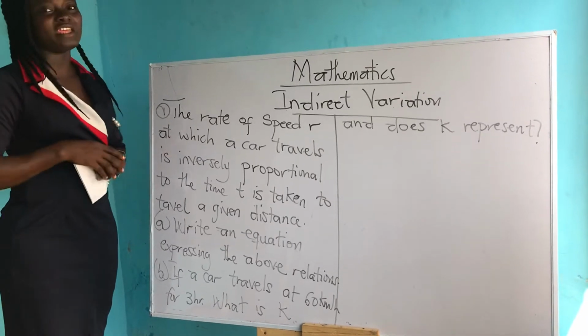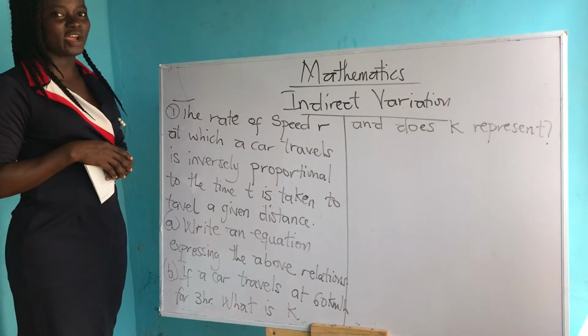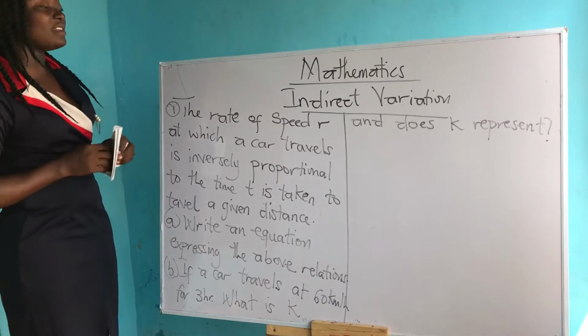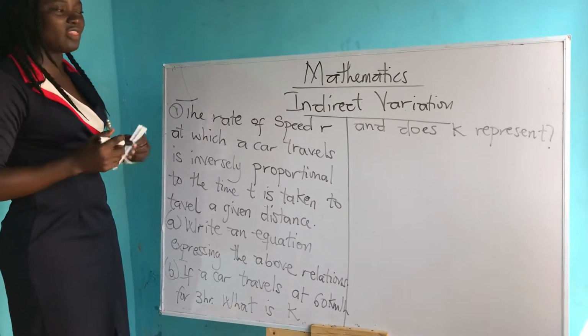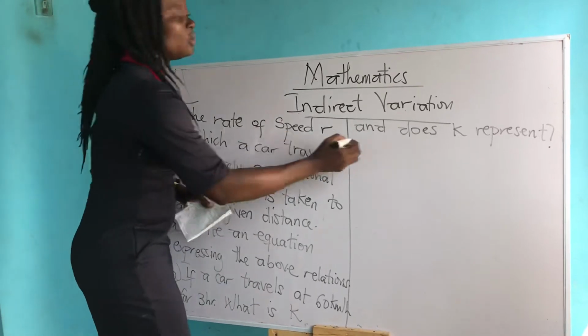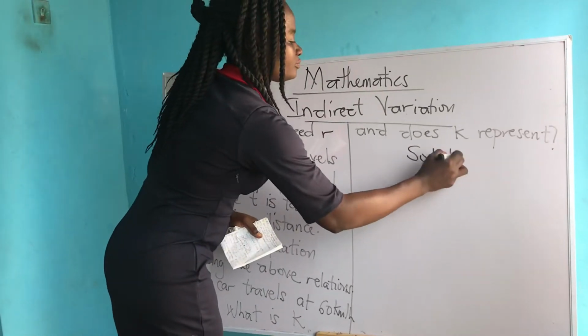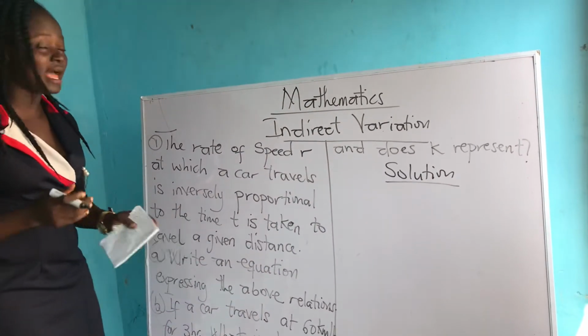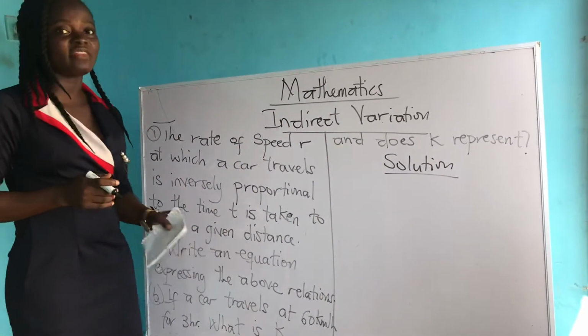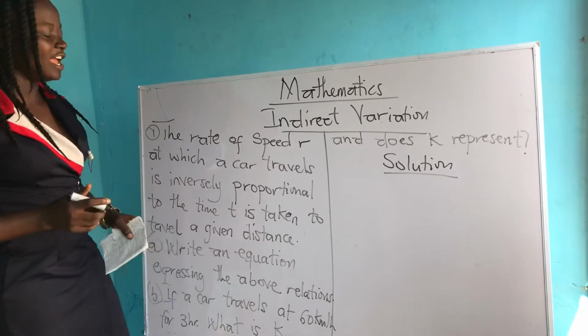This is an inverse variation question, so we are going to take our time and go through the steps in solving this. The first question is, write an equation expressing the above relation.